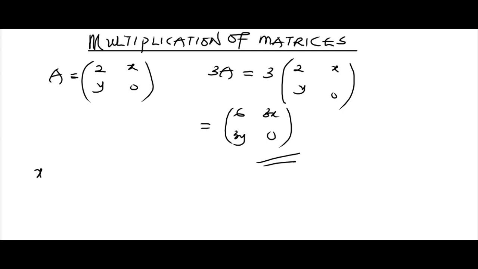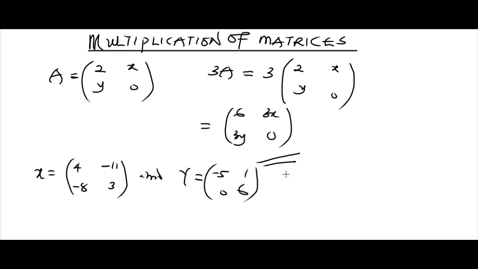Then, if we have matrix X equals 4, -11, -8, 3, and matrix Y as -5, 1, 0, 6, and we are told to find A, 2X, B, -3Y, C, 4X minus 2Y.